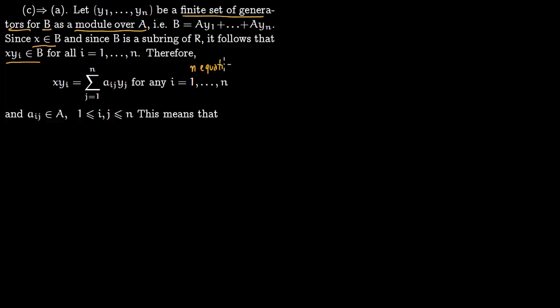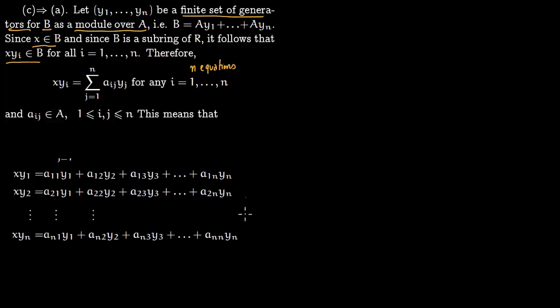To see it more clearly, we can expand this and have equations of this form right here. So x y1 is in B, because we are talking about i equals 1 to n. This is in B, and then we copy it here, and we have y1 to yn, with these coefficients taken from ring A: a11, a12, a13, and so on.